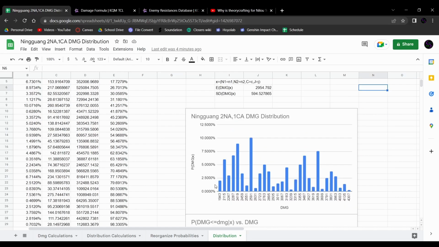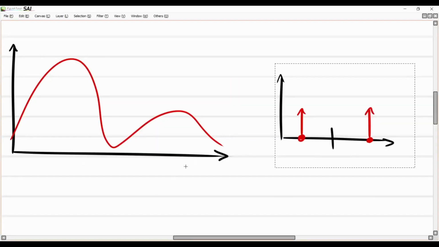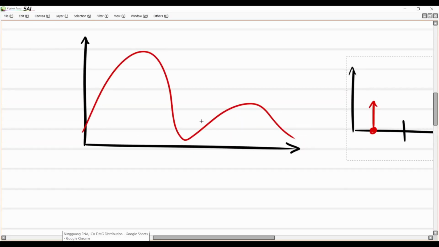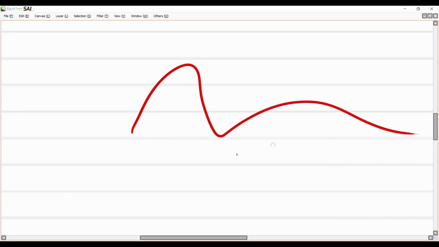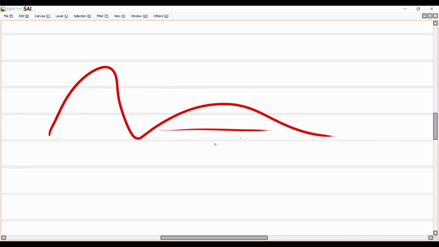Just by looking at that, this one looks more compact, and this one is more spread out. That's why when I draw this distribution, one of them is more thin, but the other one is more wide. So this one shows larger variance, and this one shows less variance.